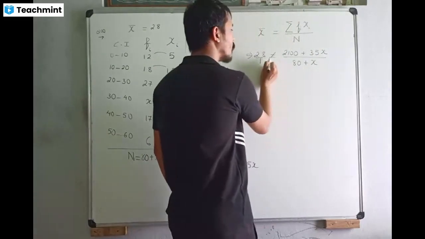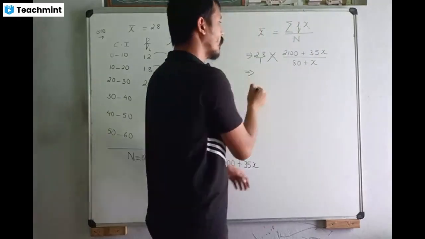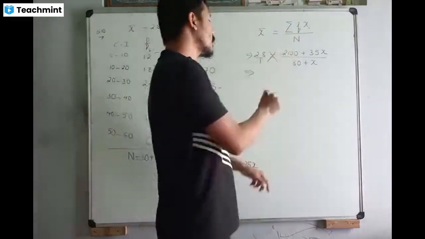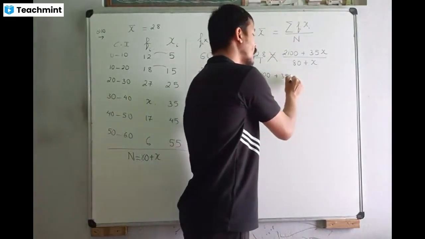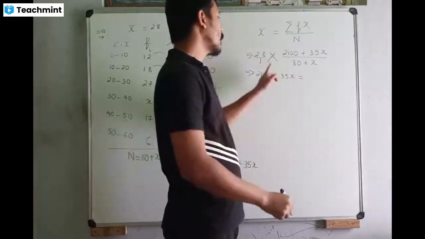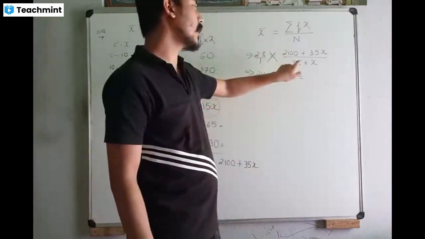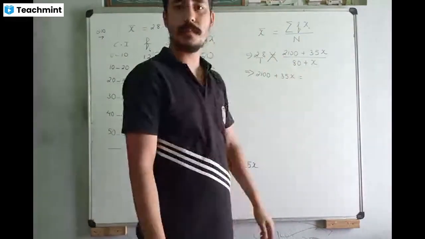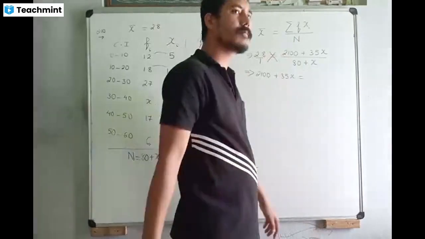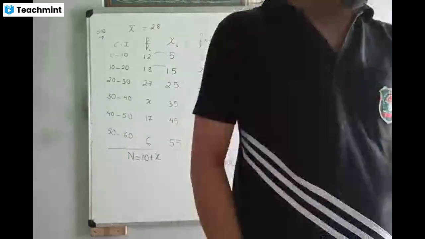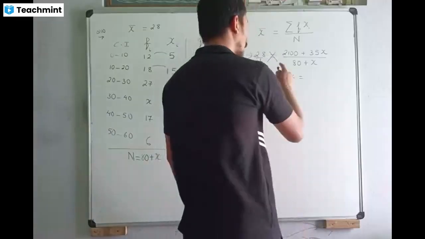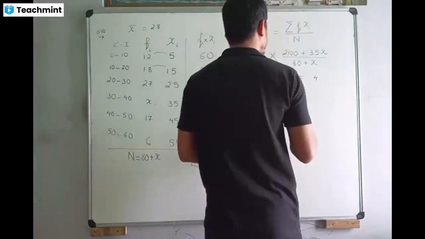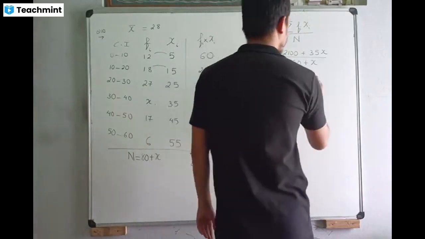So if you cross multiply, 1 times 2,100 is 2,100 plus 35x. And here 28 gets multiplied with 80, 28 gets multiplied with x. 28 times 80 will give you the result 2,240.